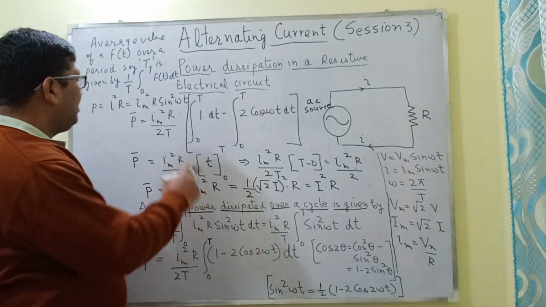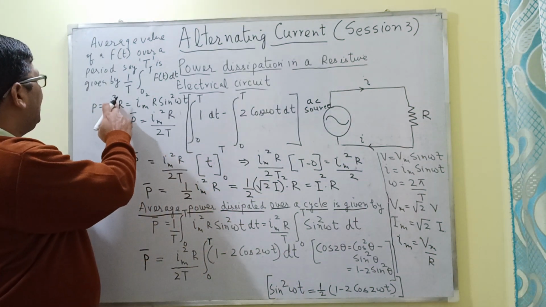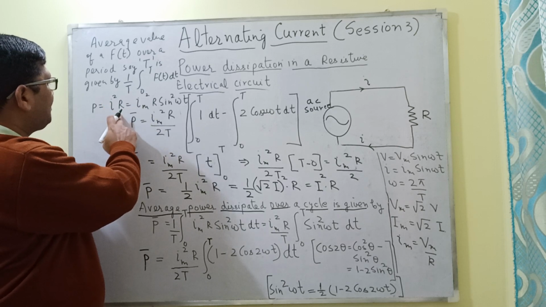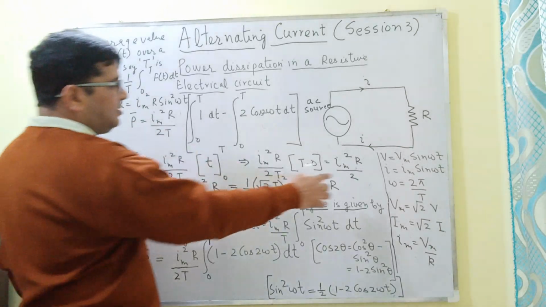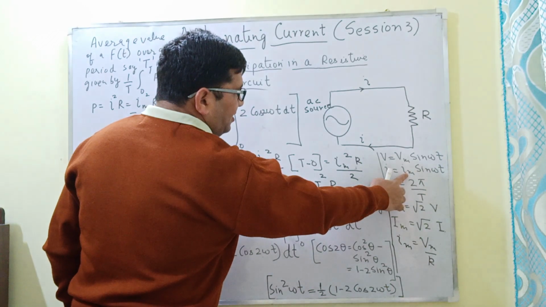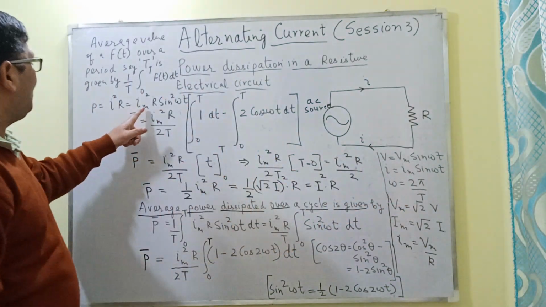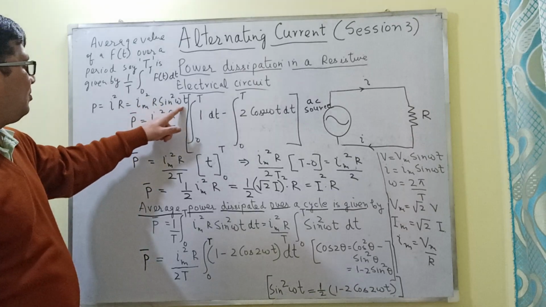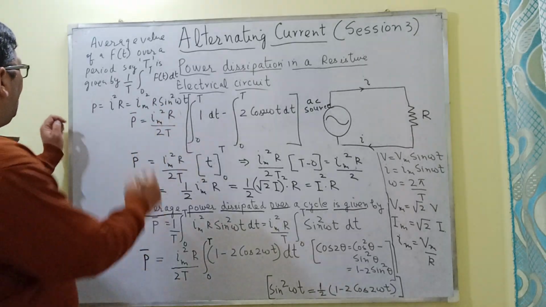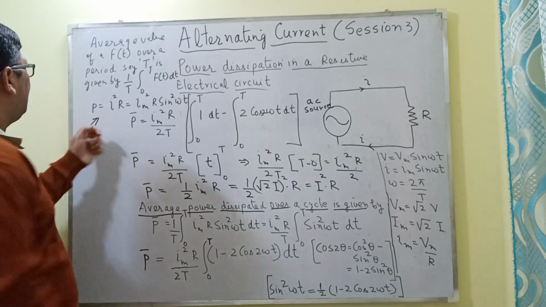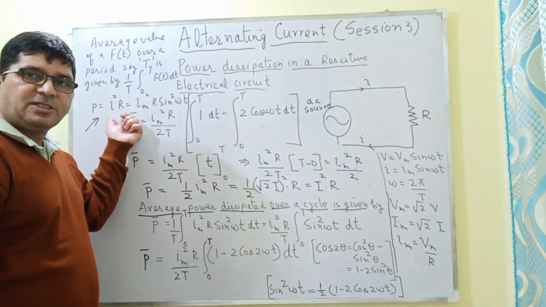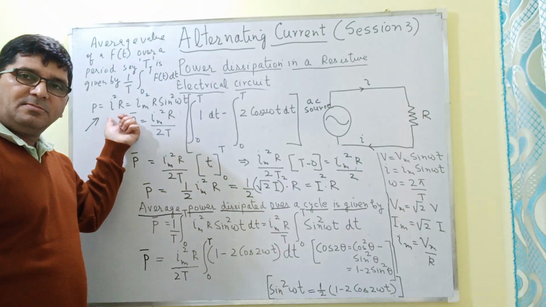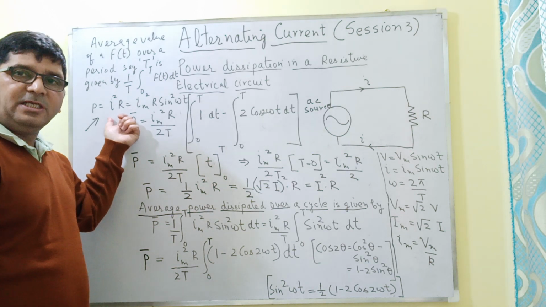I have substituted the value of I as I m sine omega t, so this will be equal to I m square R sine square omega t, and this formula has been used as per the Joule heating effect.